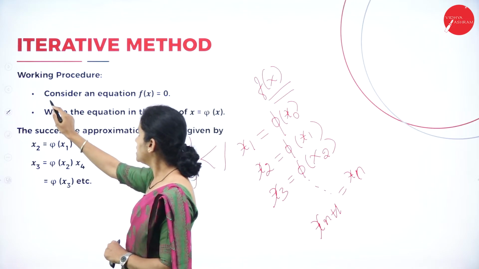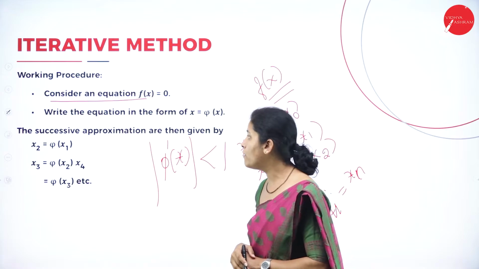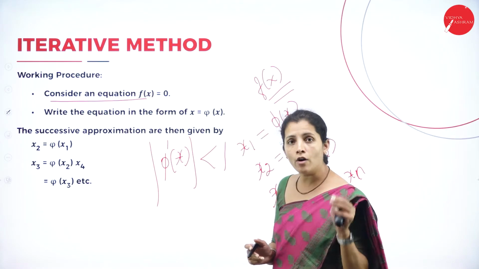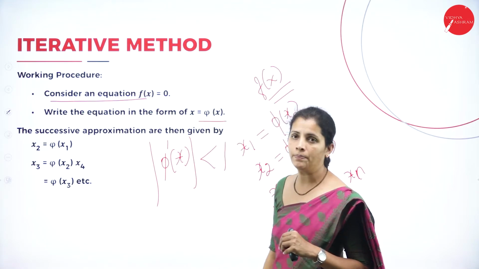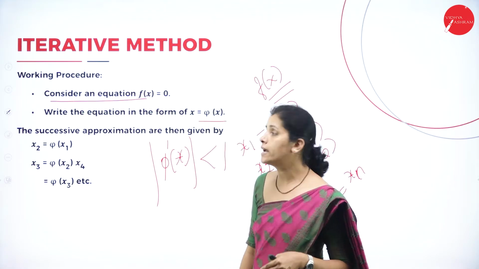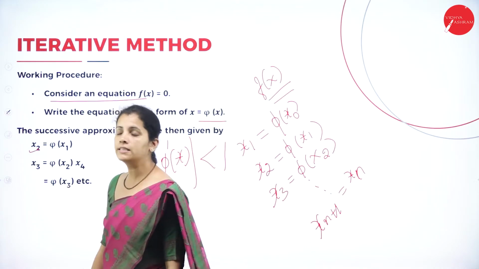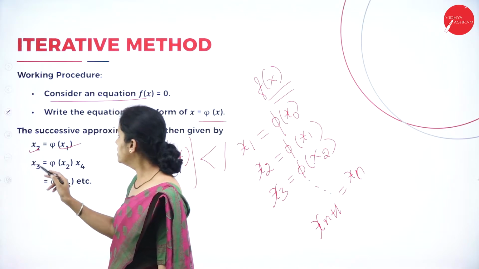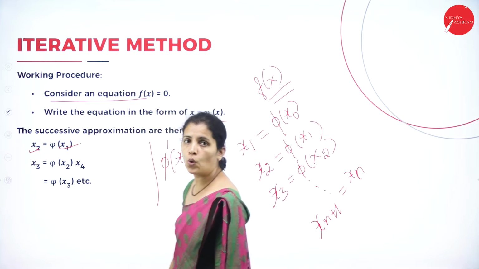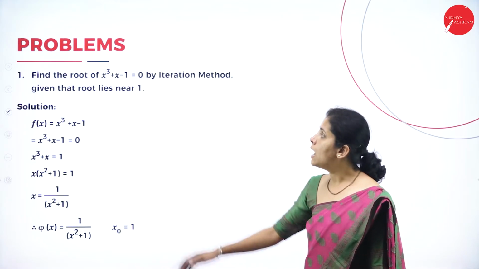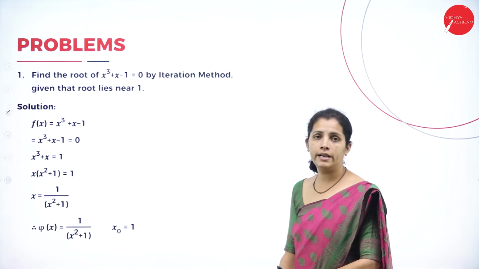So, whatever equation I get is represented in the form of f of x. This f of x can be rewritten as pi of x, and the successive approximations are given by x2 is nothing but pi of x1, x3 is nothing but pi of x2, and so on. Now, I'm going to have some problems under this iterative method.